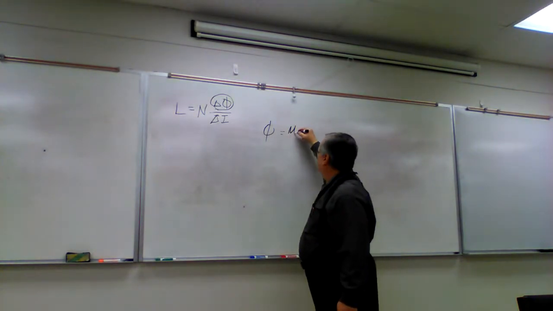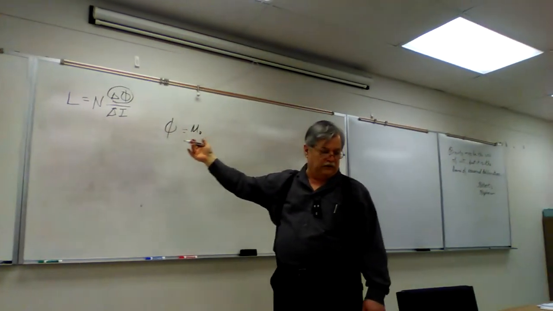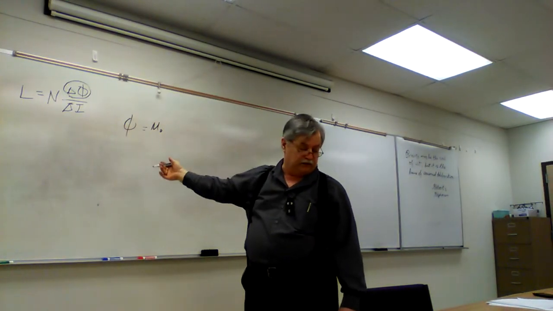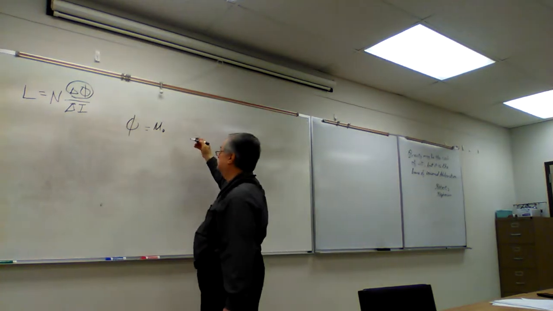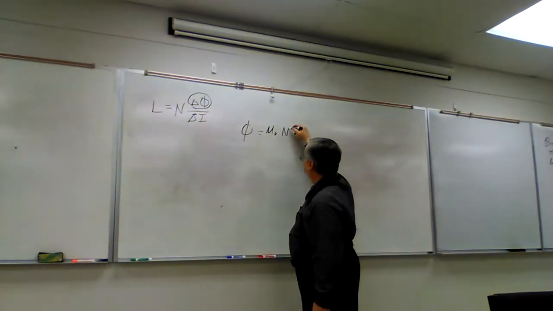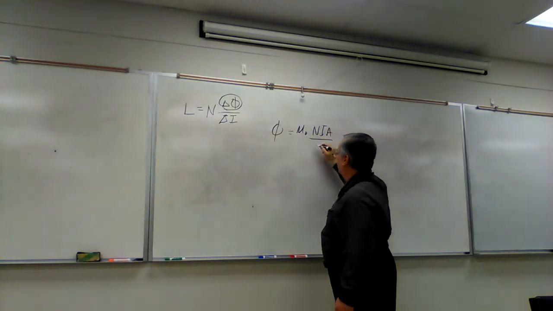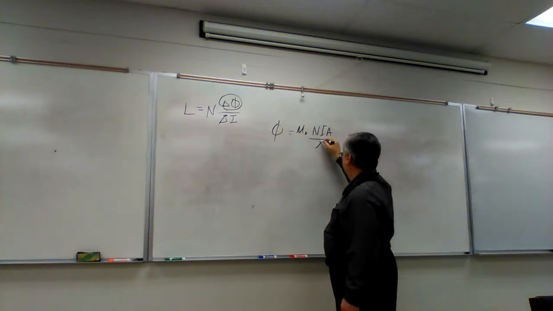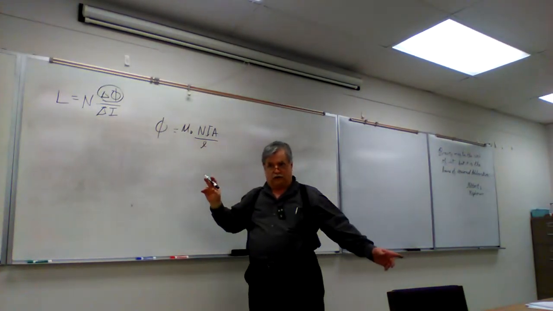Somebody? Mu sub naught, permeability of, in this case, free space, over length. And this is the length of the solenoid, not the length of the wire.